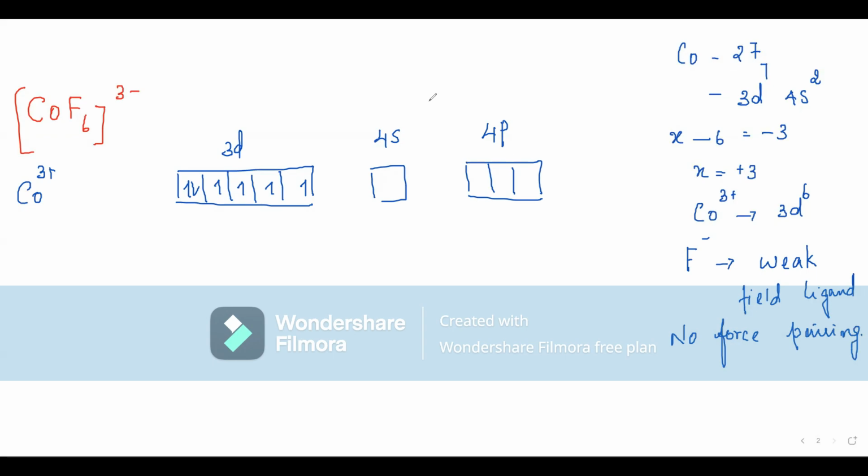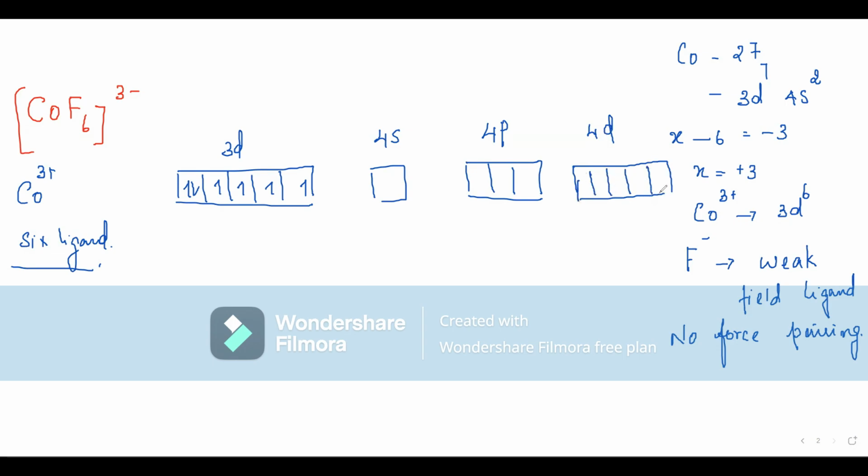I have a little bit of difficulty here to collect the required number of orbitals. There are 6 ligands, right? 6 ligands, but the ligands are weak, so they cannot force the d electrons to pair up. Now, I have no choice but to bring in the 4d orbitals also.